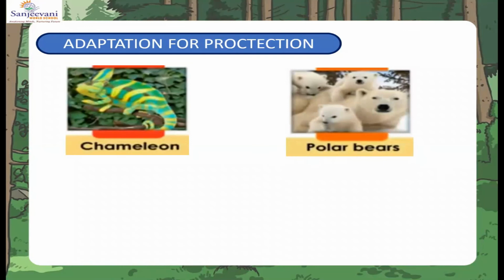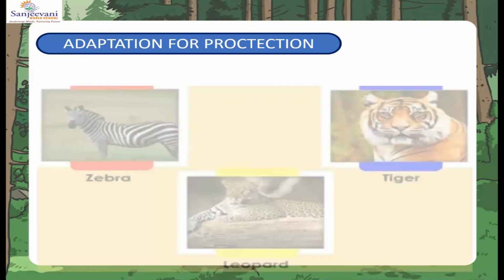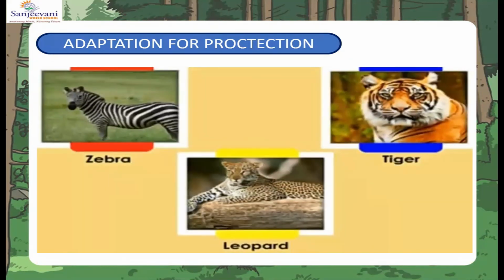Chameleons, polar bears, stick insect, grasshoppers, etc. They form camouflage on the place where they are. Zebra, leopards, tigers are examples of such animals.